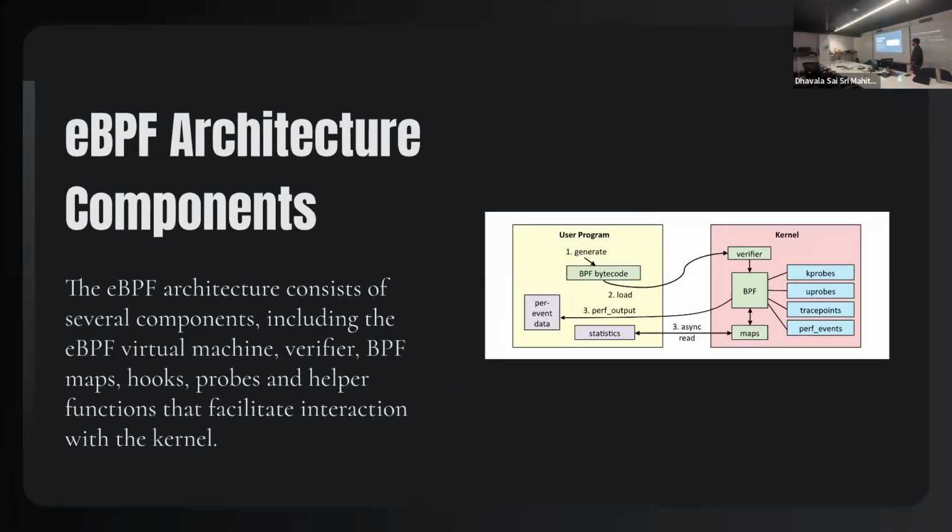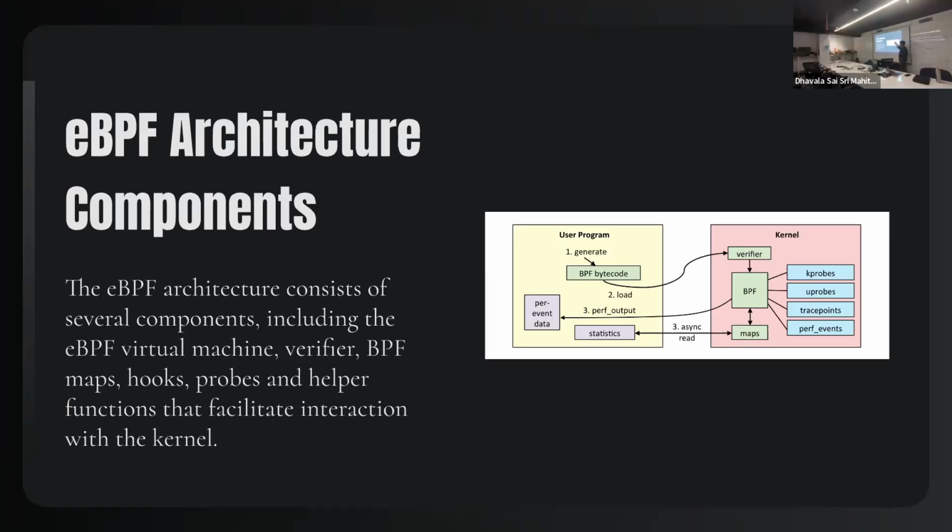This is the general architecture of eBPF, what it does and how things work. The user program is what we wrote in Python. It had a sequence of code which will be generated as a BPF bytecode file. This will then be sent to the kernel. This is where our eBPF program will be sitting. It will initially go to the verifier, which was the place where the Fibonacci failed.